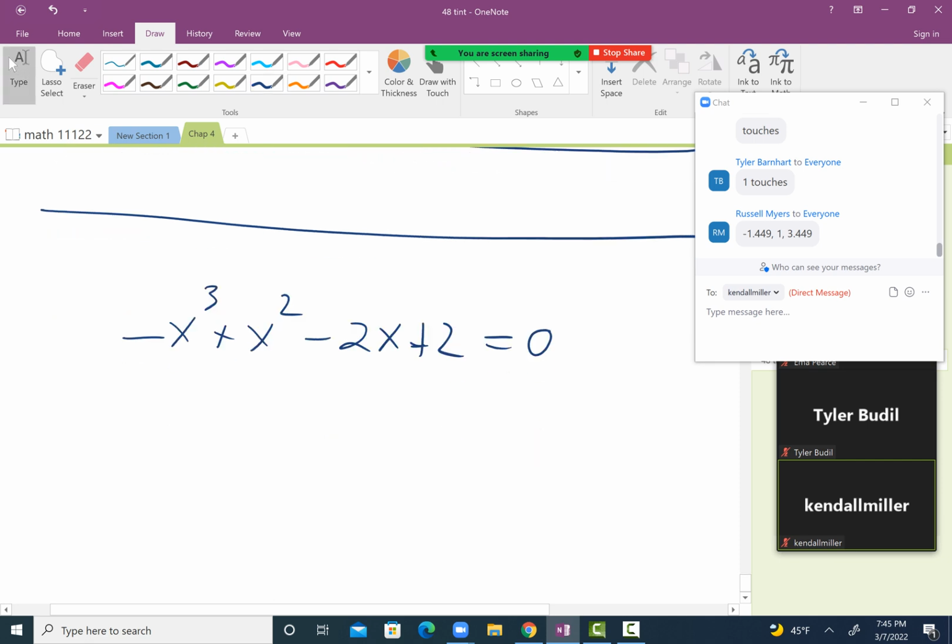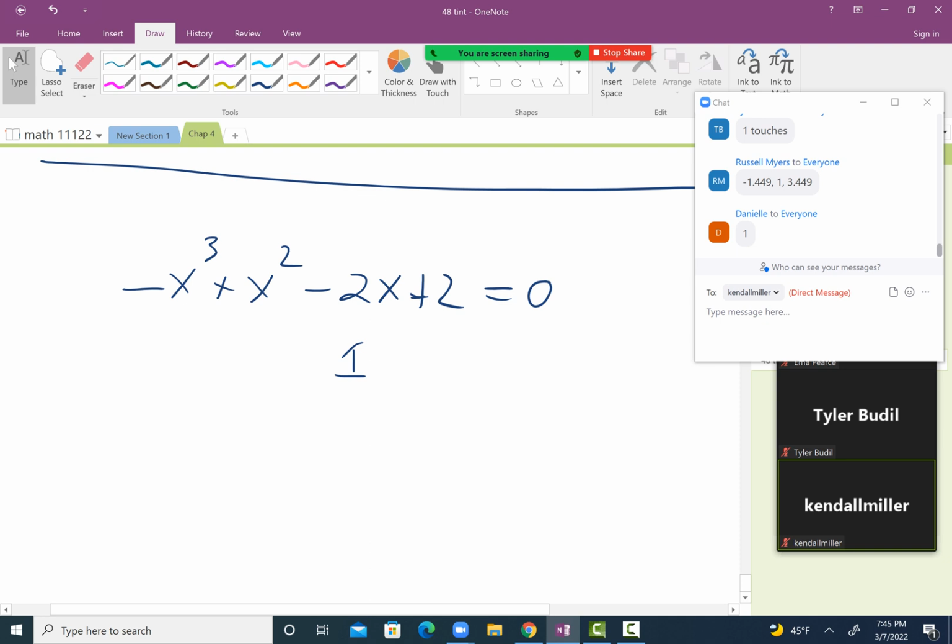Okay, go graph that one and give me the x-intercepts. One. Good. The only one it has is 1.